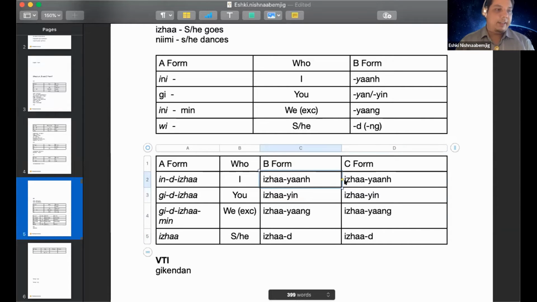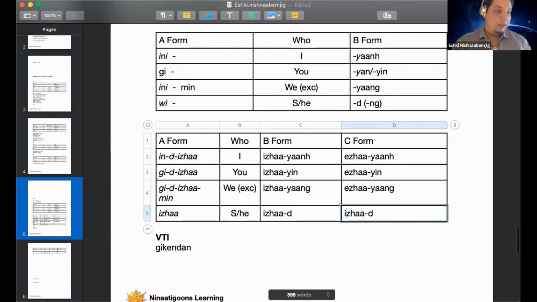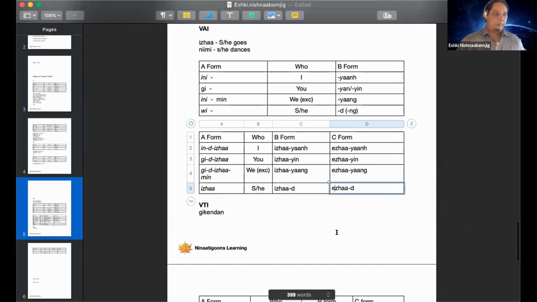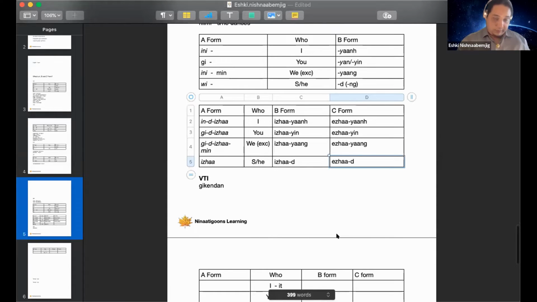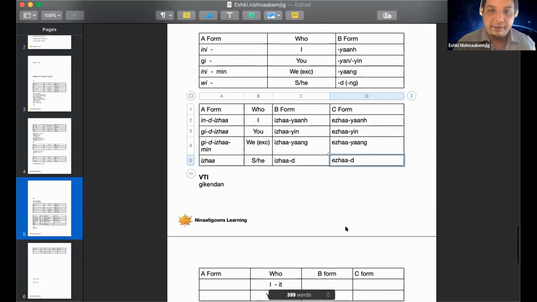Okay, and it says that the initial to change, that the first vowel is going to change. Ezhi-in, Ezhi-yang, Ezhat. Are you with me so far?